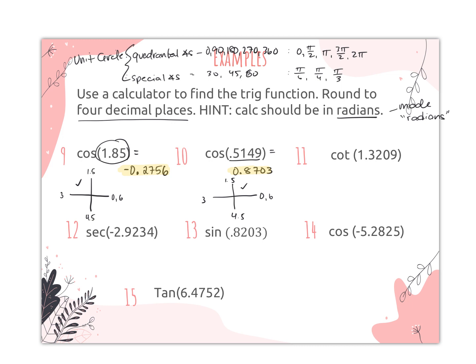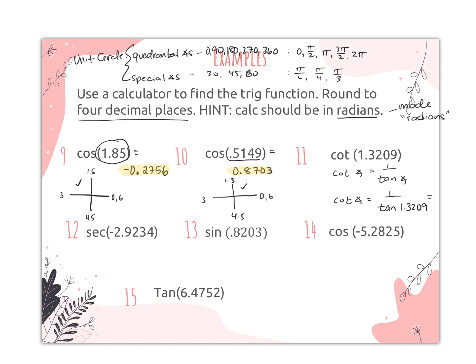Now, remember that the cotangent of an angle is the same as 1 over the tangent of that angle. So if I want the cotangent of this angle, it's going to be the same as 1 divided by the tangent of 1.3209.